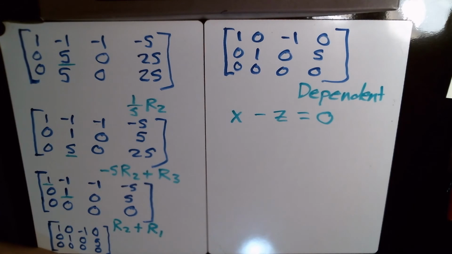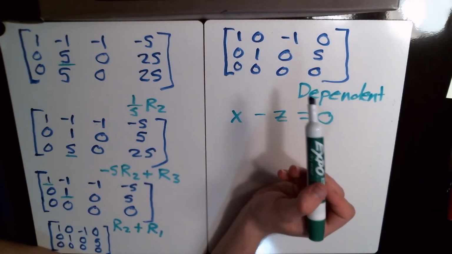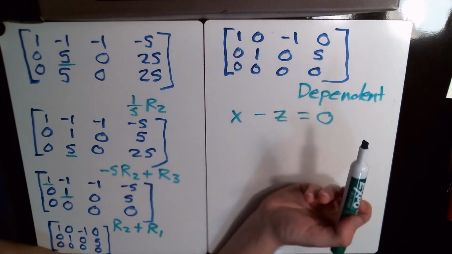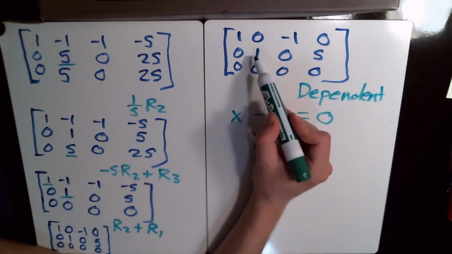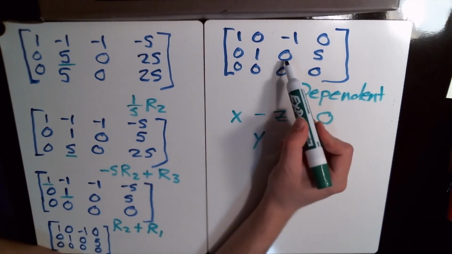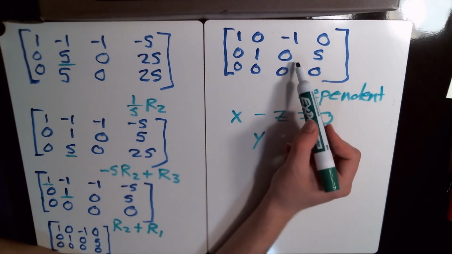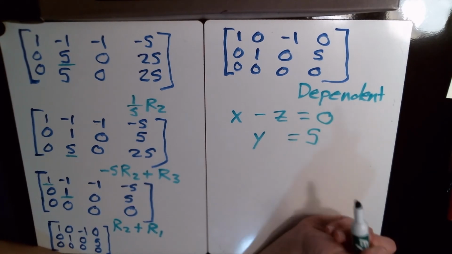The second row means that the second column corresponds to y. Okay. So 1 times y plus 0 times z. Well, 0 times z is just 0, so we don't need to worry about that. That should equal 5. Okay.